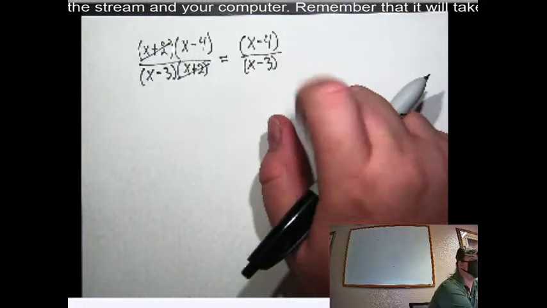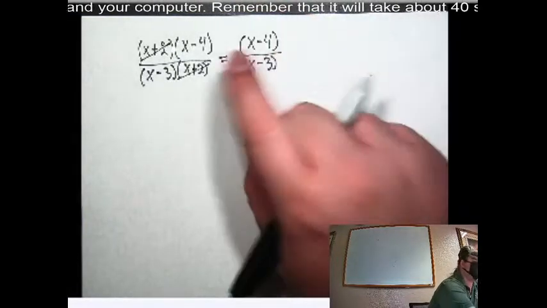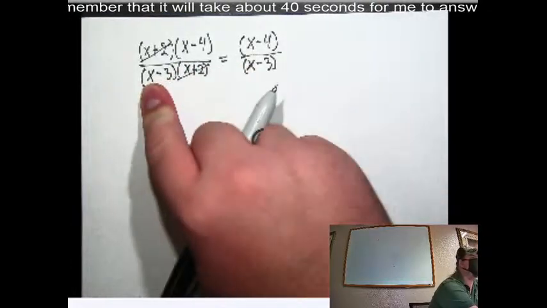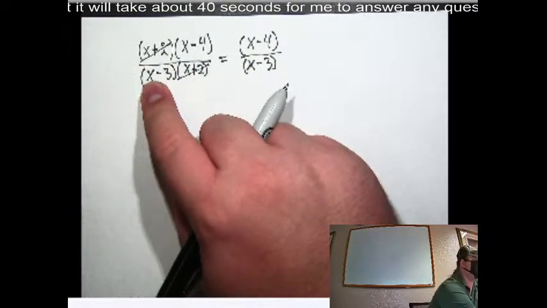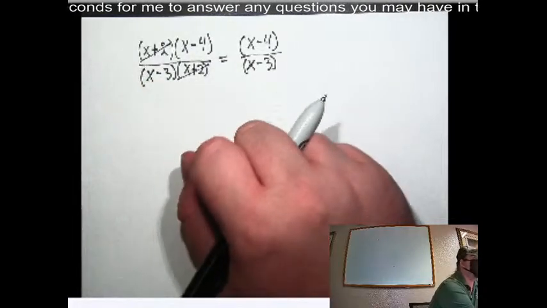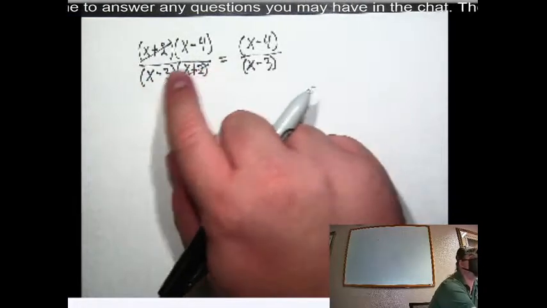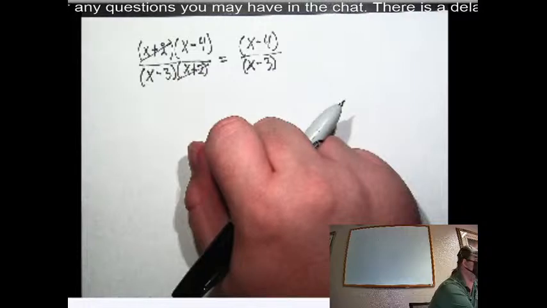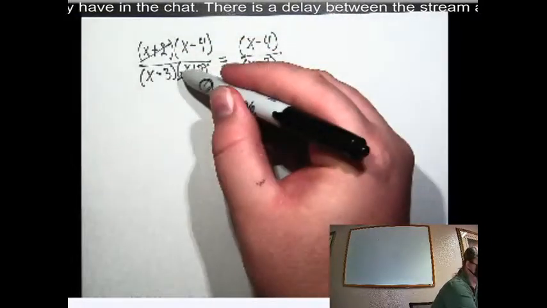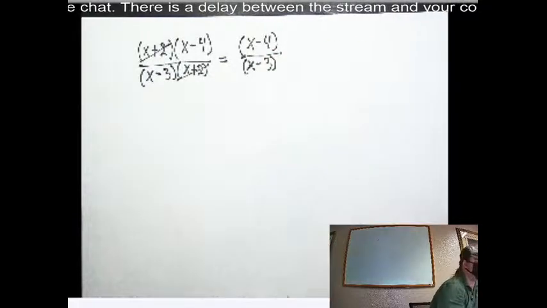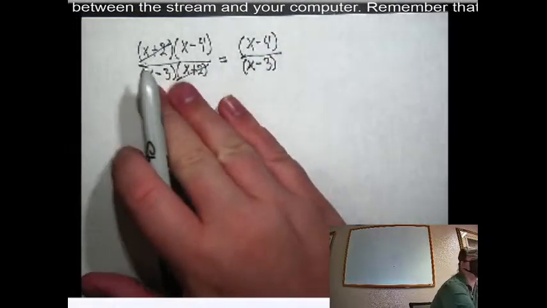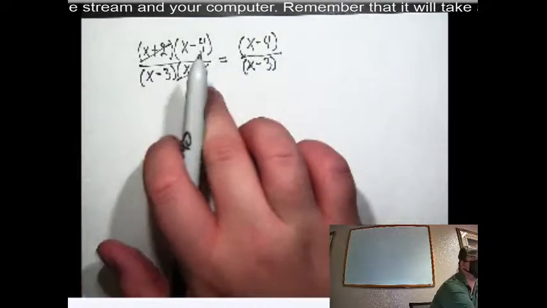Since we have fractions here, and we don't know the exact value of x, there's actually some things we can't plug in for x. And that would be anything that would make the bottom equal to 0. Okay? So with this original thing here, we have two factors, x minus 3 and x plus 2. And again, we cannot plug in anything for x that would make the entire bottom 0.